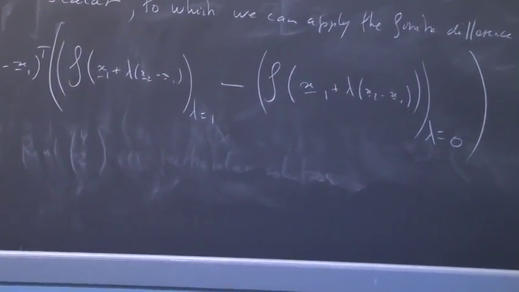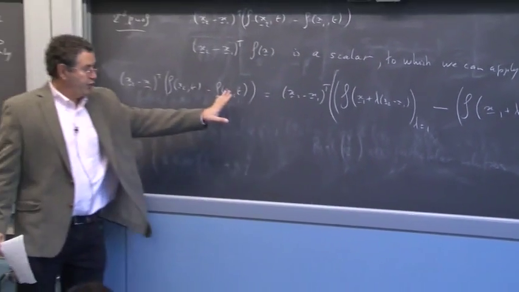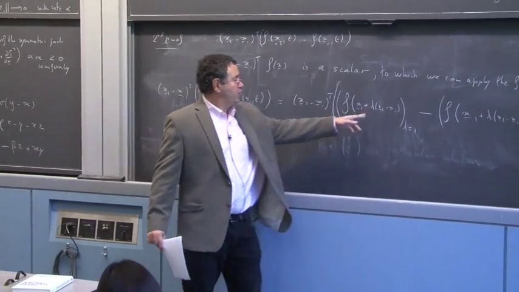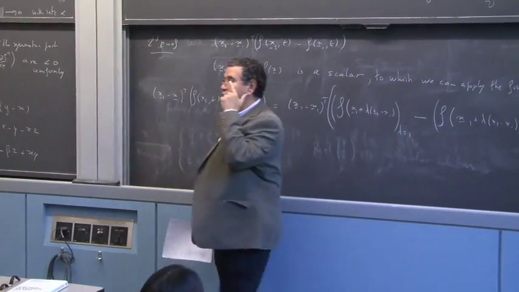So, in other words, we're writing this thing as x2 minus x1 transpose times this, where x2 is x1 plus lambda x2 minus x1 for lambda equal 1, and x1 is the same quantity for lambda equals 0. Okay.